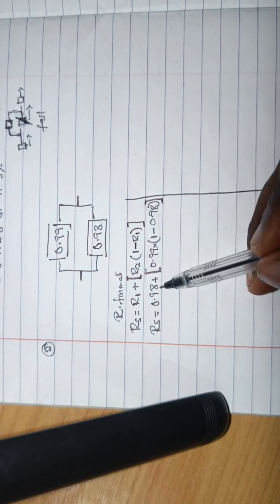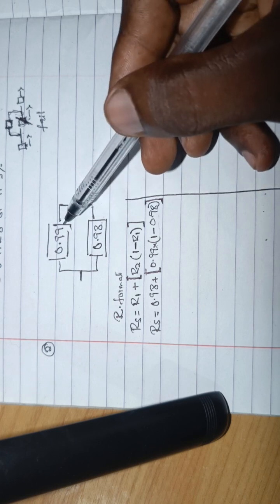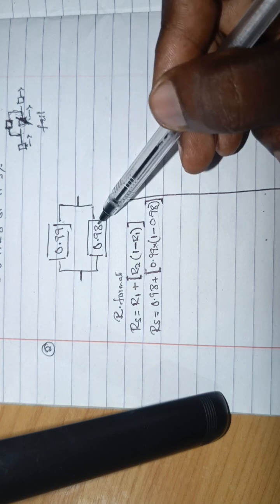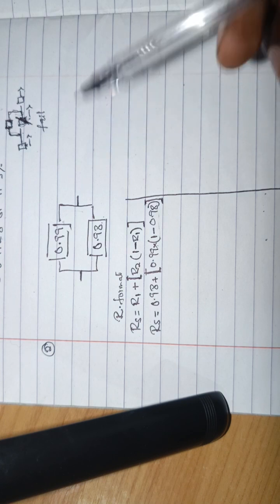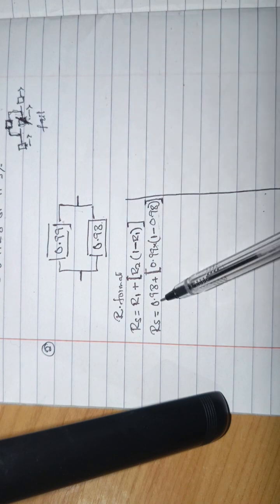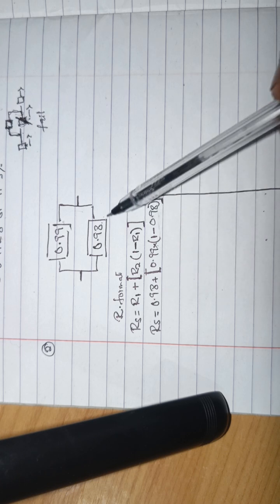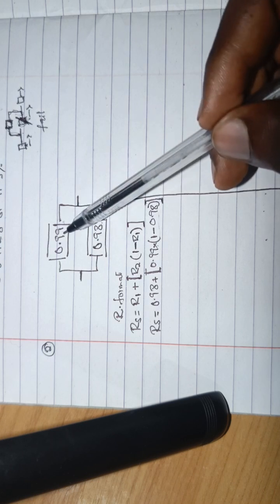Now this small bracket here is just you multiplying the failure of R1. So you see this component and this component, we are just multiplying the failure of this component to that of this. So we are multiplying the failure of this to that of this.